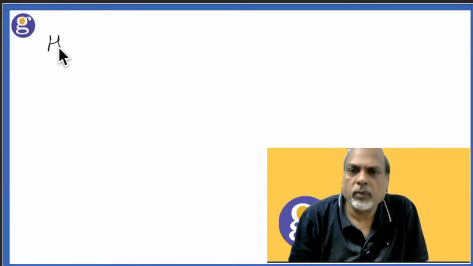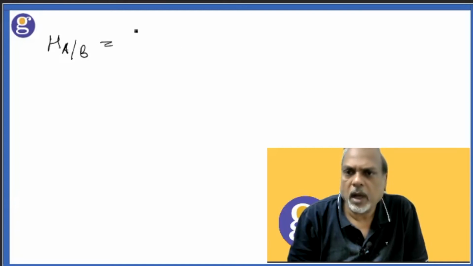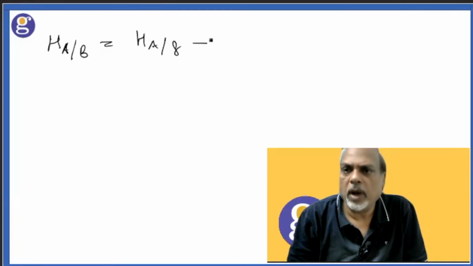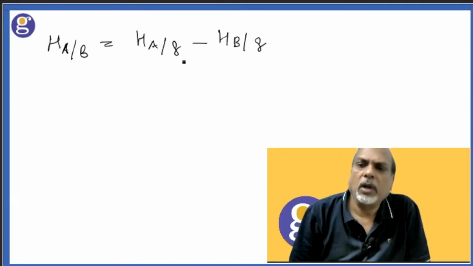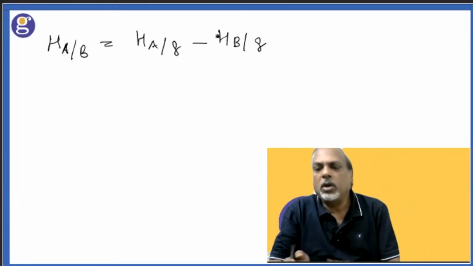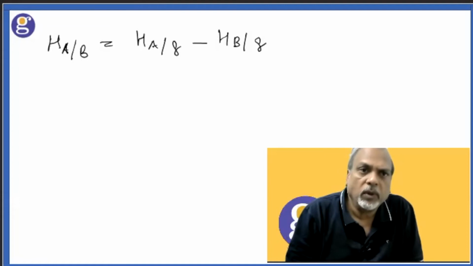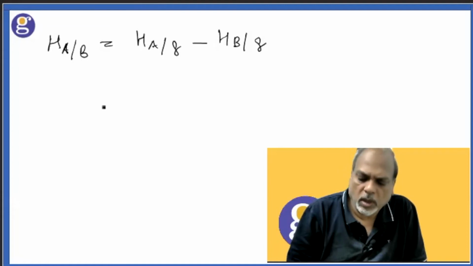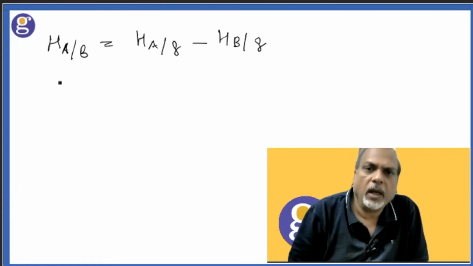Height of A with respect to B is nothing but height of A with respect to ground minus height of B with respect to ground. So likewise, this concept we can extend to motion also. Suppose you have two cars, car A and car B.